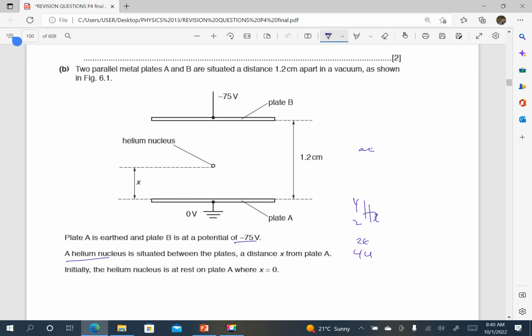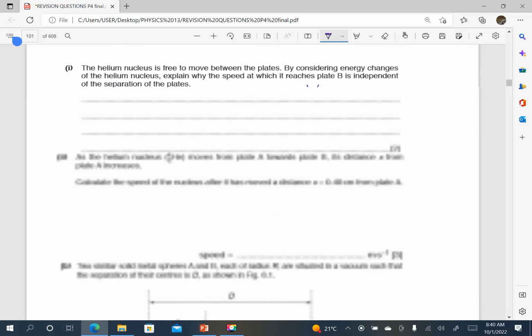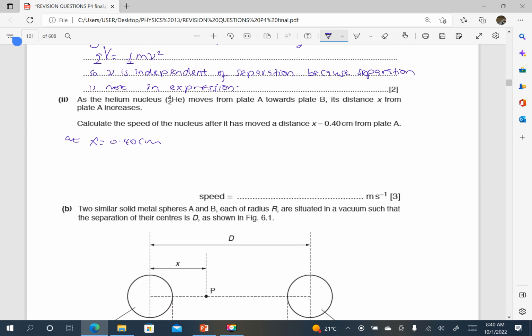If at 1.2 centimeters the potential is negative 75, then at 0.4 centimeters the potential will be 0.4 divided by 1.2 times negative 75, which is negative 25 volts.